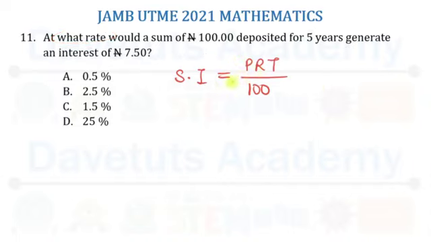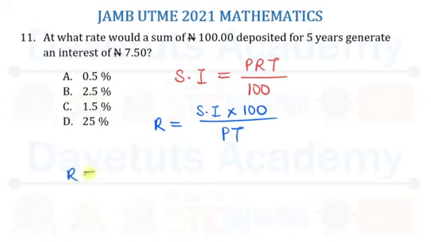We cross multiply, so this is like simple interest over 1. Then R is nothing but simple interest multiplied by 100, over principal times time. We just want to plug in the values. What's the simple interest that we are given? We are given 7.5, multiplied by 100, divided by the principal, which is 100, and time is 5 years.